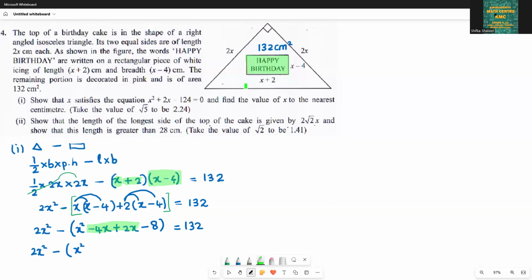Minus 4x and plus 2x are different signs, so deduct and put the larger number's sign, that is minus 2x, minus 8, equals 132.